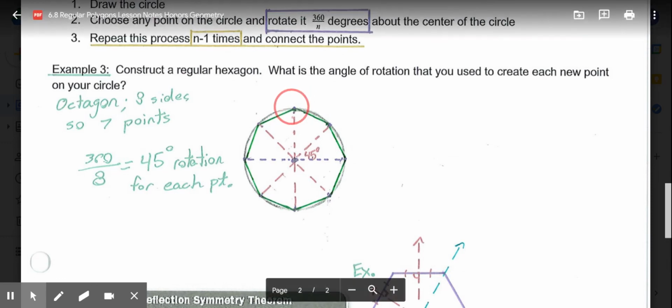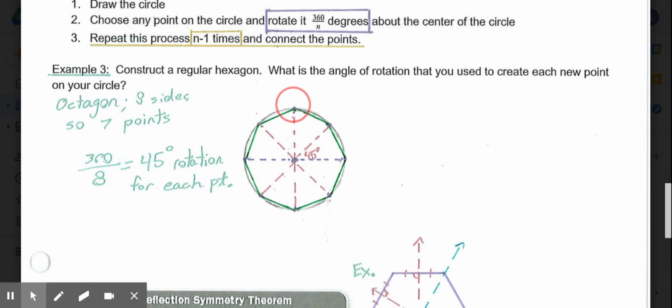So if I start with putting a point here on top, about the center, so I'd place my protractor at the center, from here measure 45 degrees, and there's the next point of the octagon. Then from that one, protractor at the center, 0 here, measure 45 degrees, there's your next point.